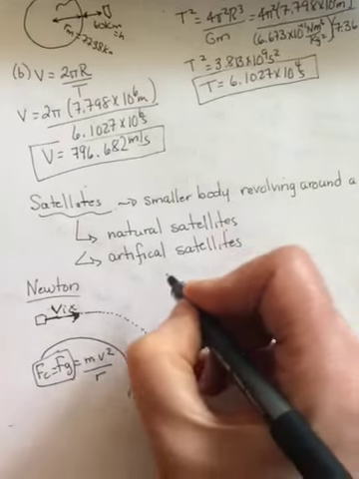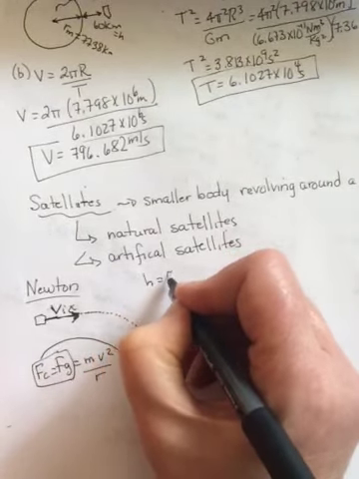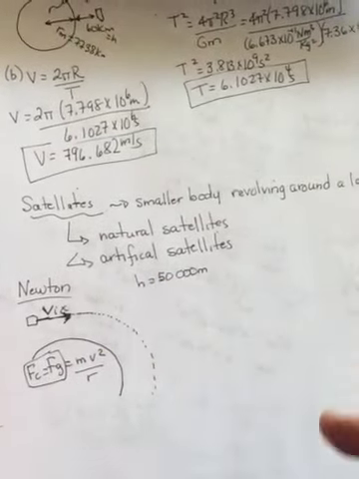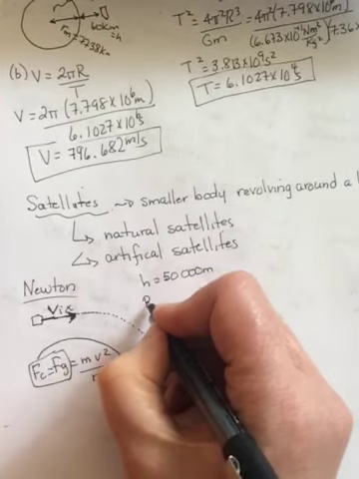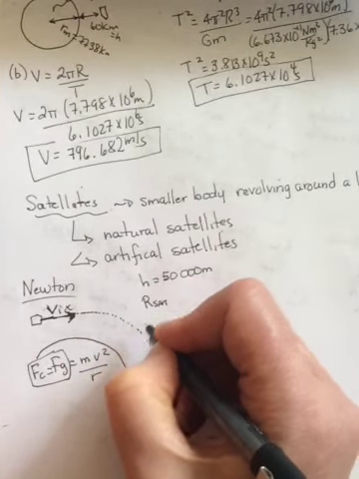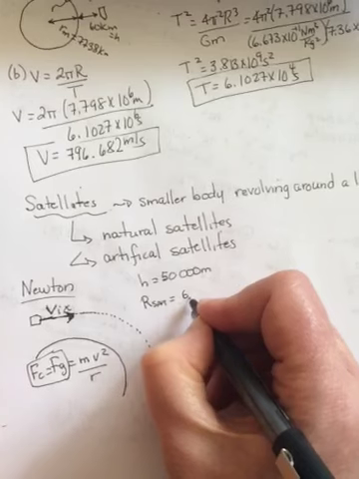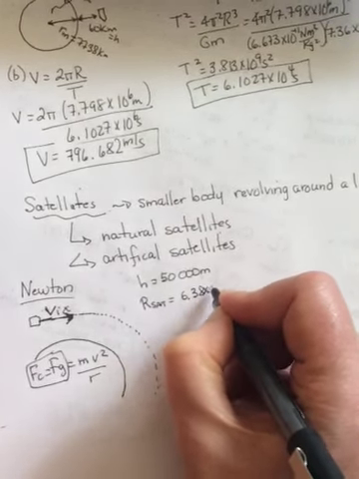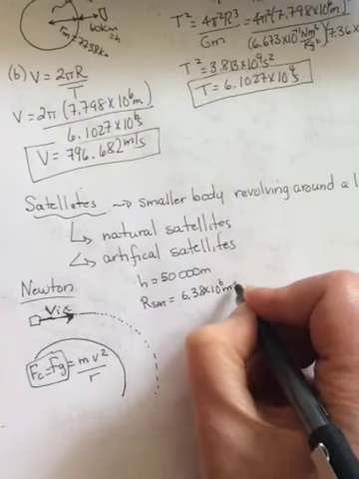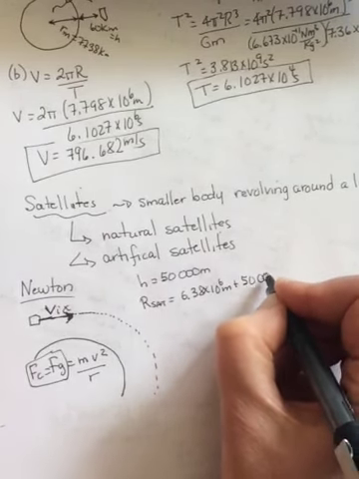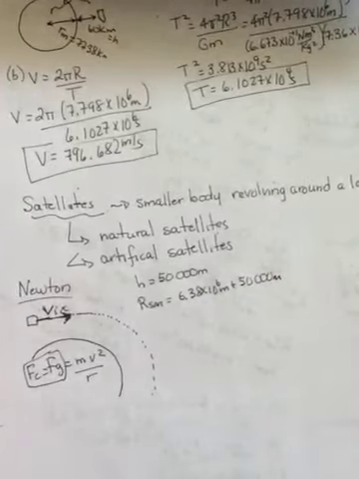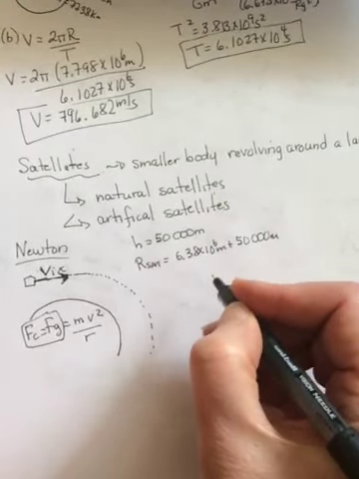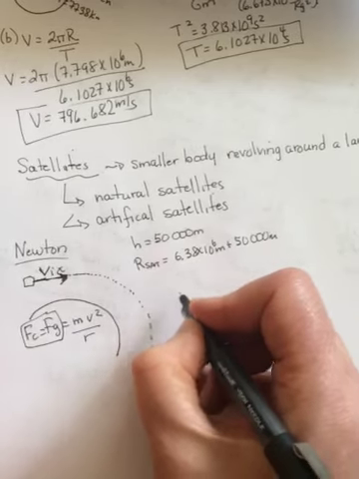Okay, so let's say we put a satellite up at a height of 50,000 meters. Okay, and so its radius of orbit would just be the radius of the Earth plus the 50,000. Radius of the Earth is 6.38 times 10 to the 6th, and then we would have to add this 50,000 meters on. And when we did this, we could find the speed with which it was going, right?